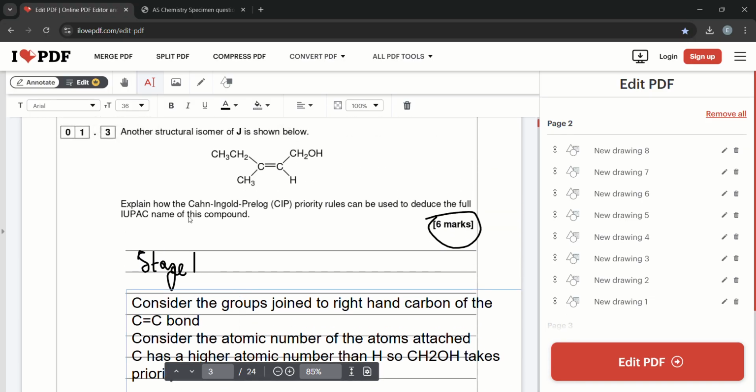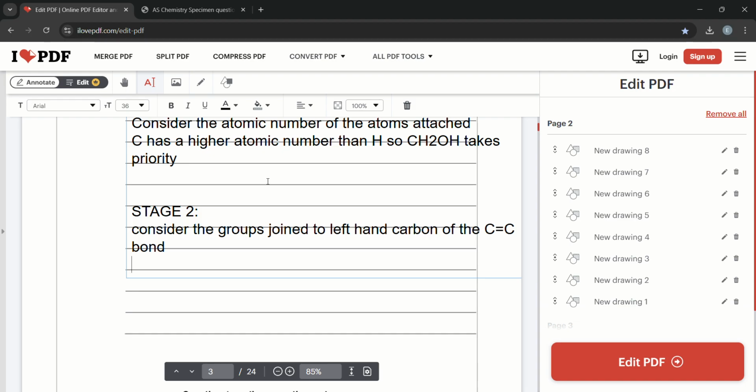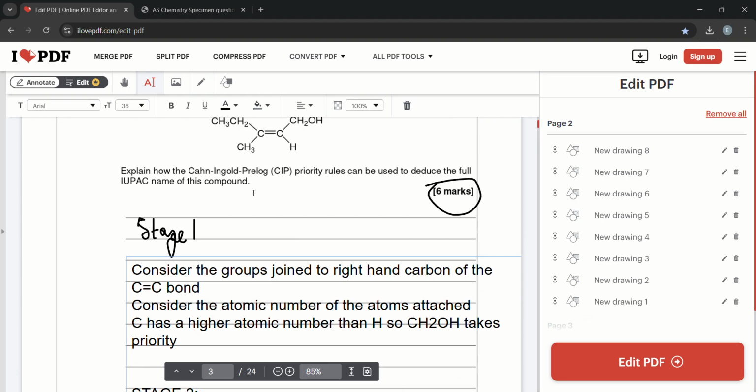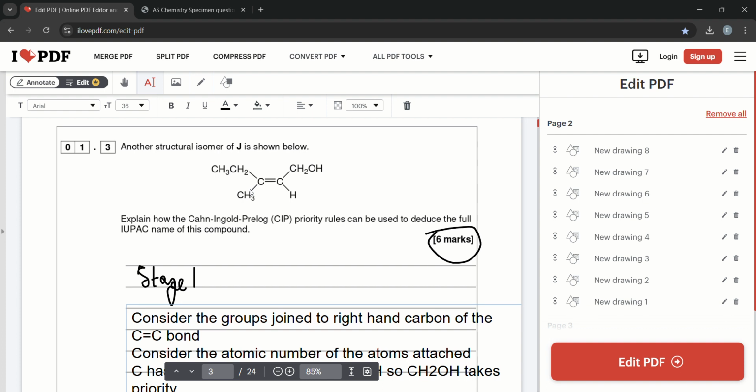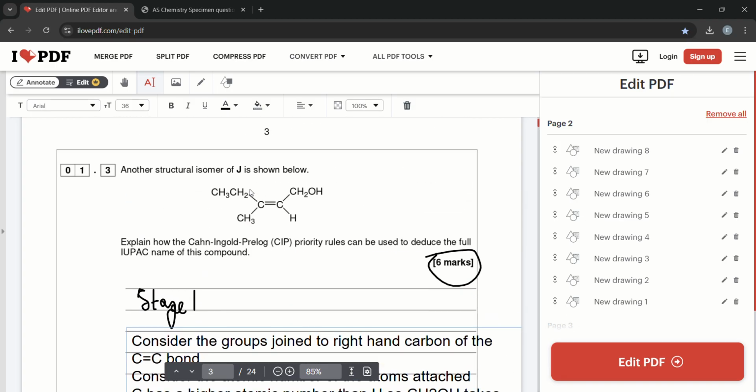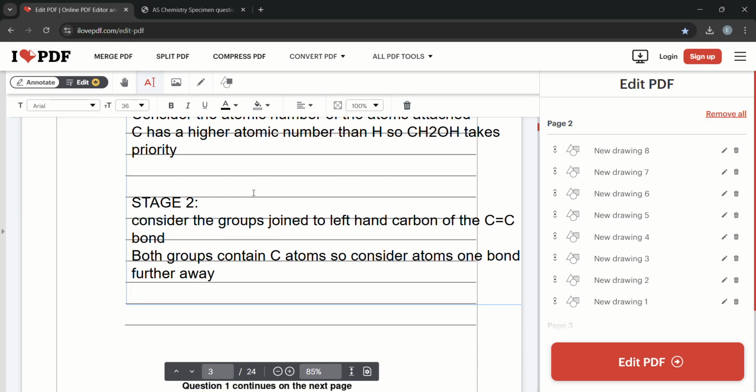You can see both contain carbon, so we look further, and we can see that the CH3CH2 ethyl group has a higher atomic number than H from the methyl group.